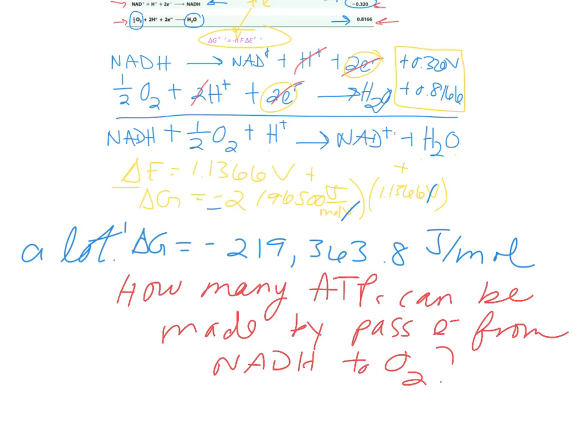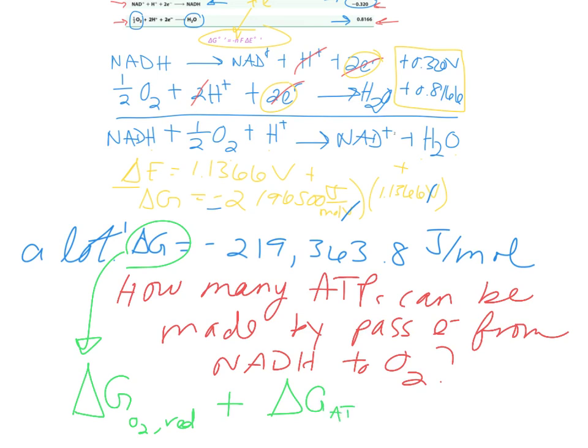Well, you'd have this delta G of O2 reduction, that's this, plus the delta G of ATP synthesis.